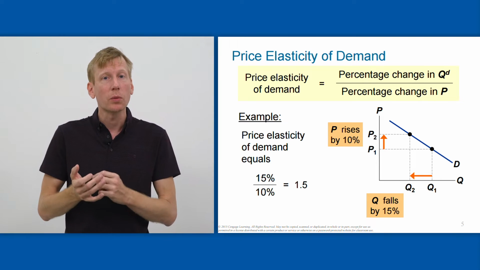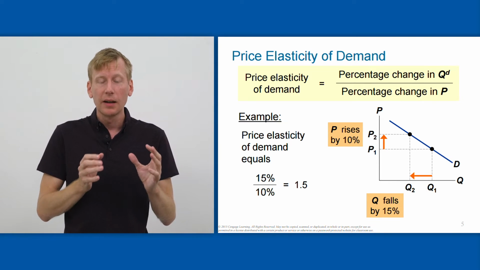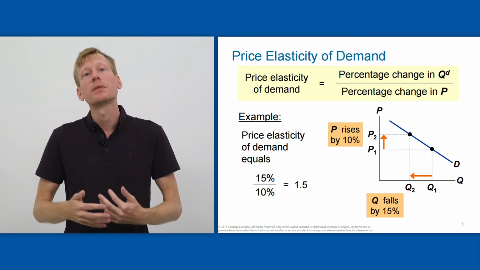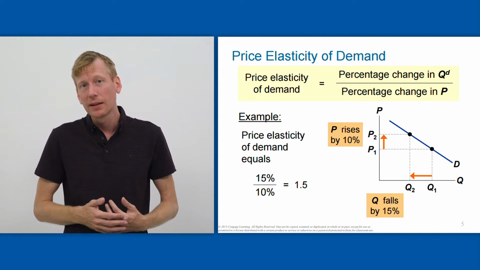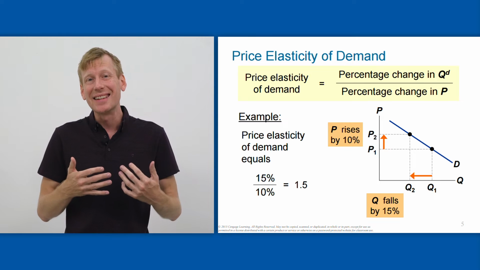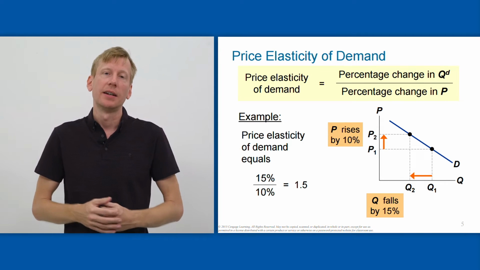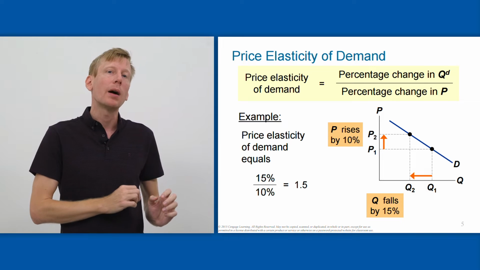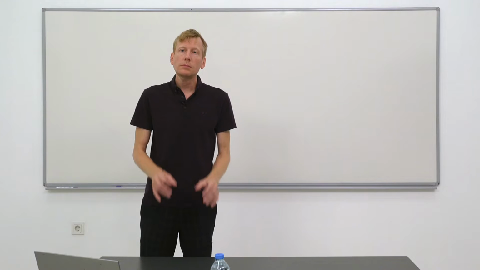This movement from point 1 to point 2 along the demand curve goes along with a 10% increase in the price and a 15% decrease in quantity demanded, for an elasticity of 1.5, indicating that quantity changes by 1.5 times as much as price does.